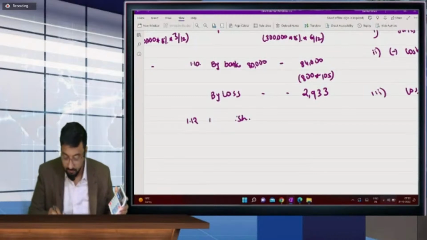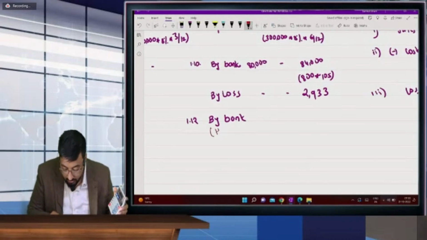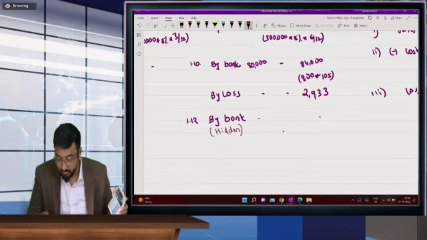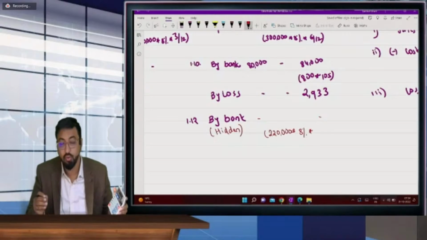But beta, first buy bank, hidden entry for interest. So this is very important. Who will leave this interest, beta? No one. Hidden interest. Now you have 2,20,000 into 8% into September, October, November, 2 months interest.